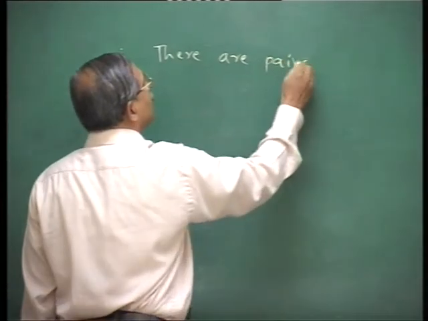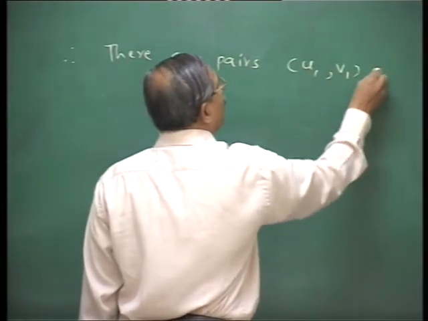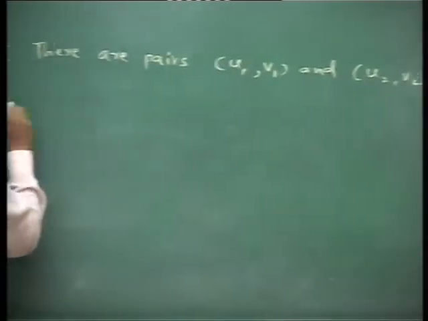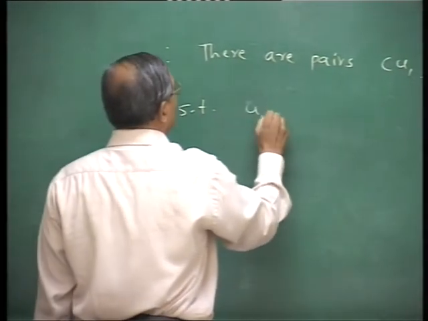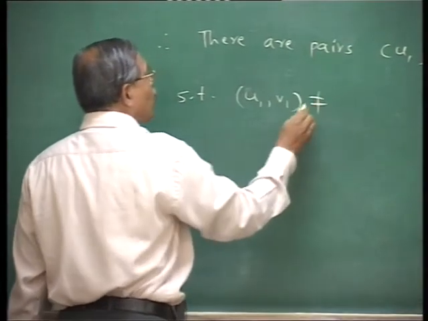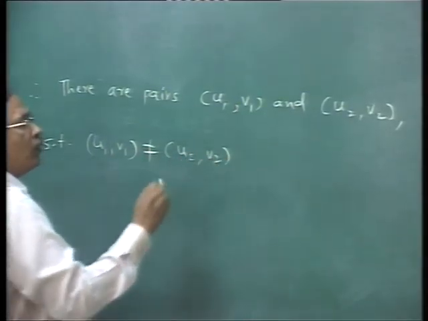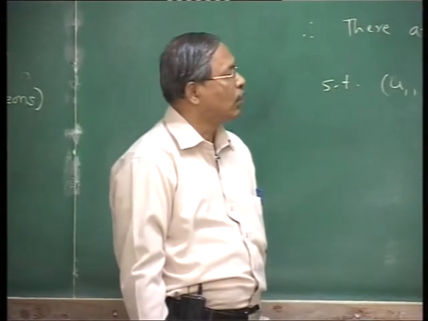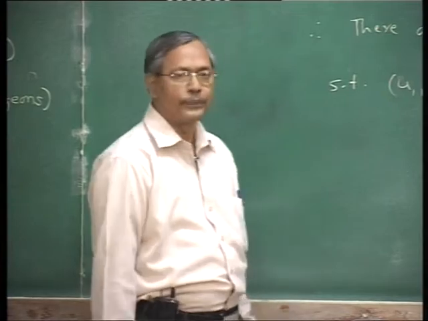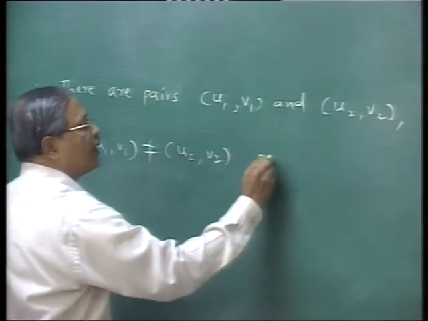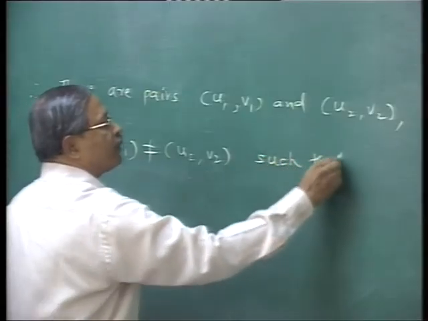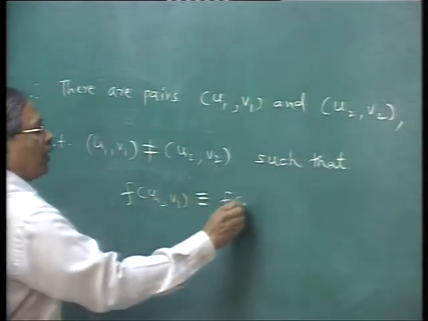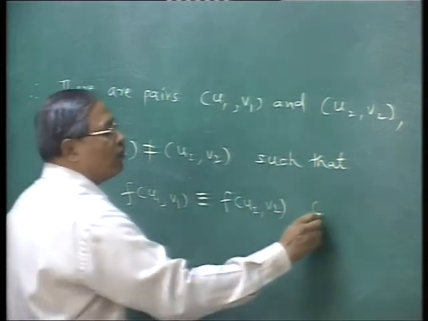Therefore, there are pairs (u1,v1) and (u2,v2) such that the pair (u1,v1) is not equal to the pair (u2,v2). That means either u1 is not equal to u2, or v1 is not equal to v2, or both. So there are pairs such that f(u1,v1) is congruent to f(u2,v2) mod p.